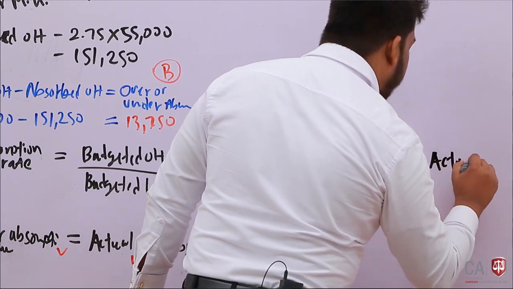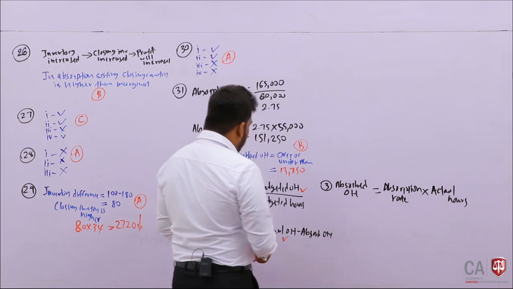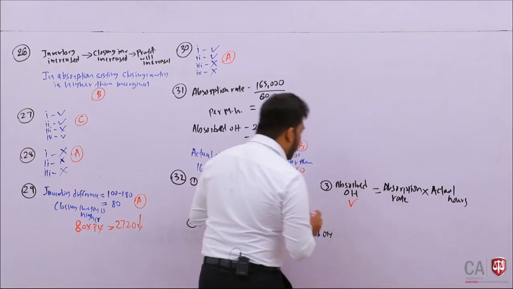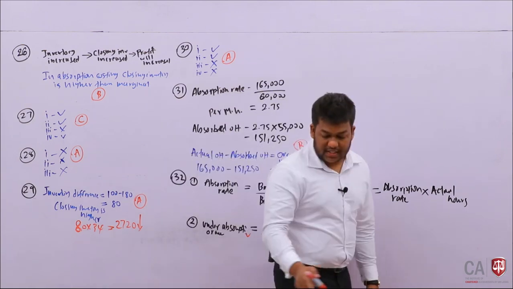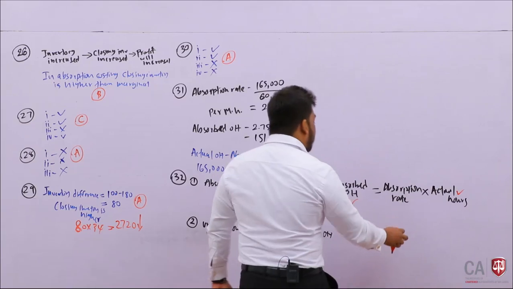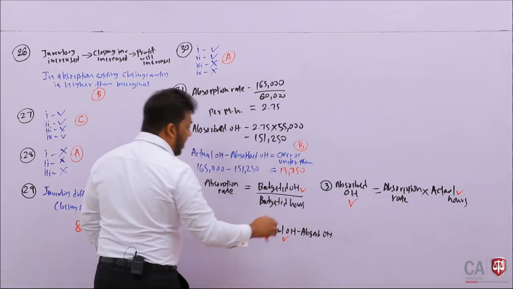See whether you can get this. Now you are finding out the absorbed overhead. Yes, this you can find out. Then actual direct labor hours given. This is also there. Then you can find out this.